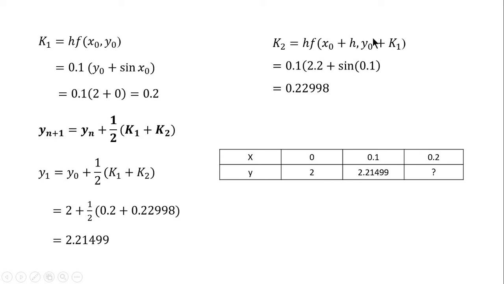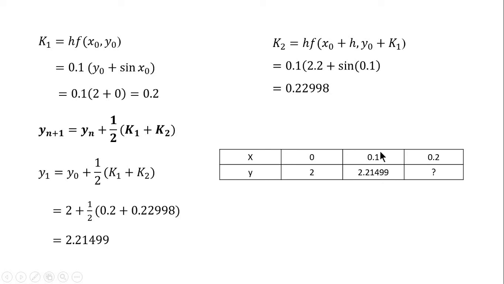So f of xy is y plus sin x. After computing this, we get k2. When we have obtained k1 and k2, substitute in y1 formula, y0 plus average of k1 and k2, we get the value of y1. I am going to substitute this here in my table.